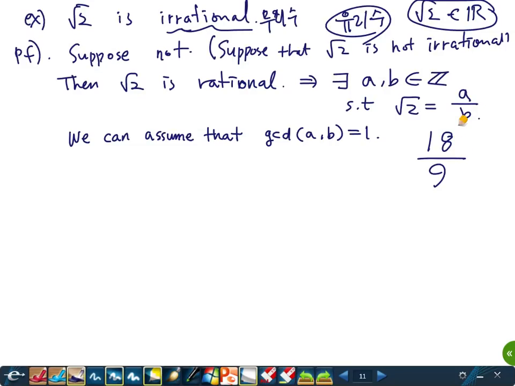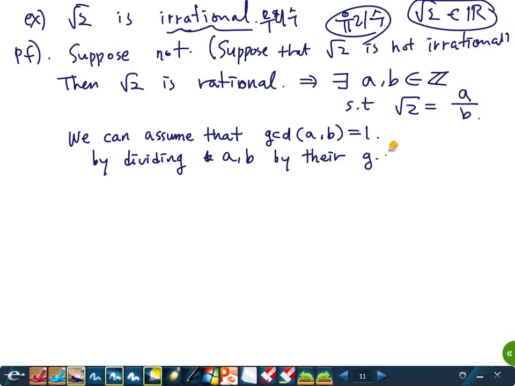If they have common factors, we can divide out these common factors. So we can assume this by dividing a and b by their GCD, greatest common divisor, if necessary.